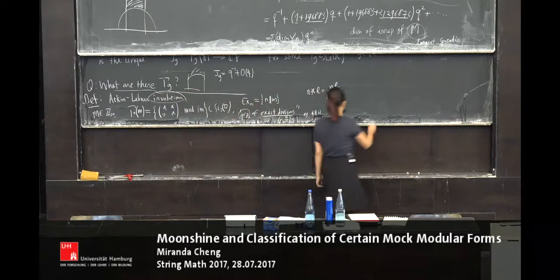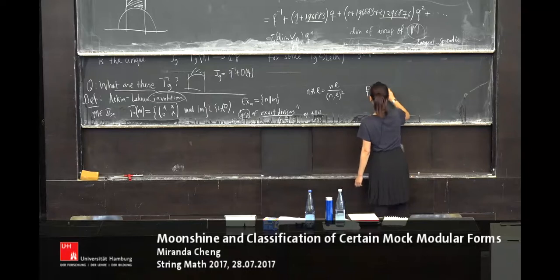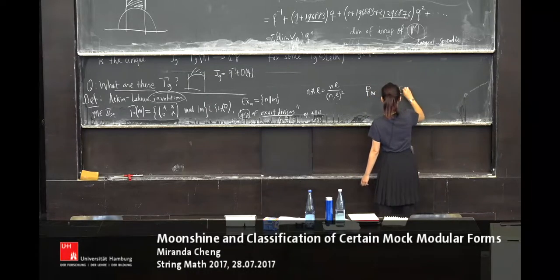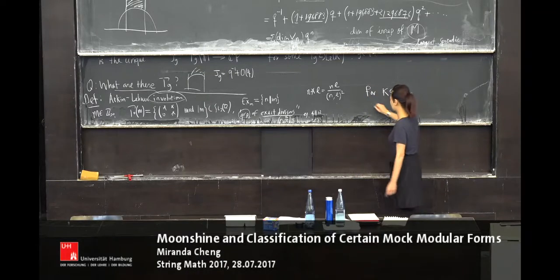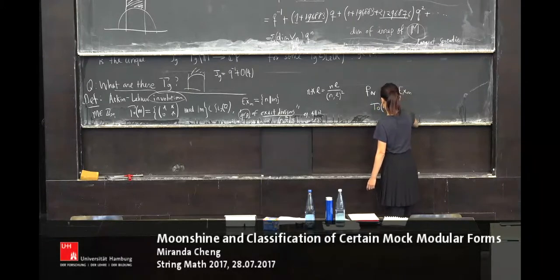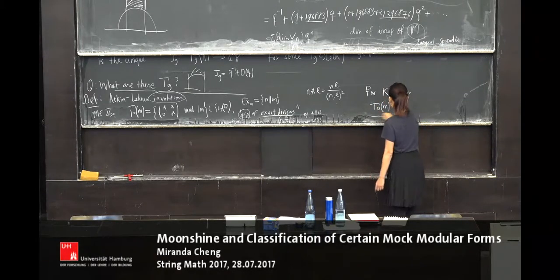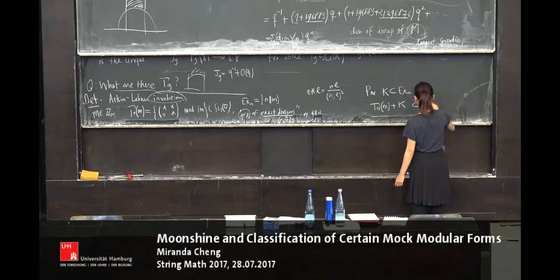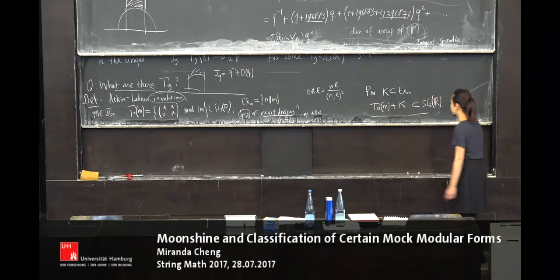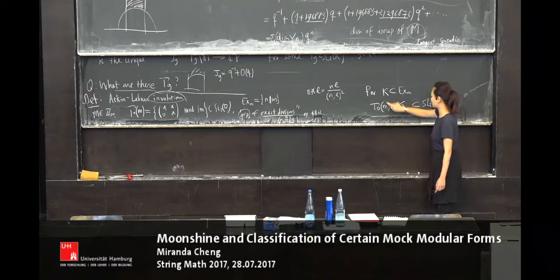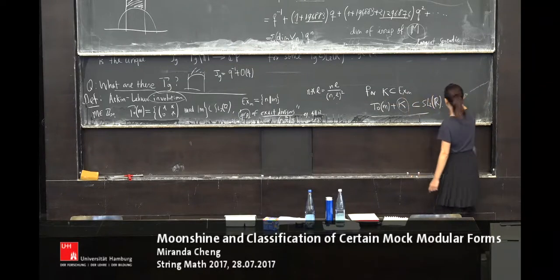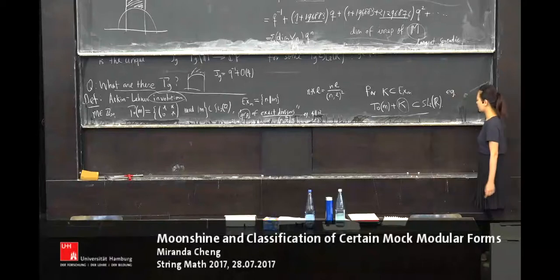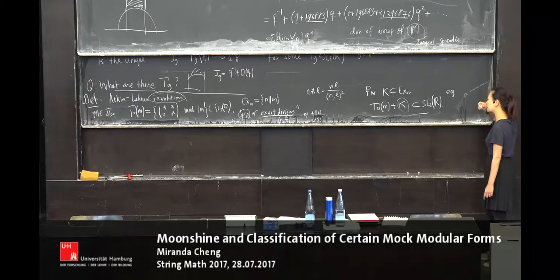So for a given K, which is a subgroup of exact divisors, we can define such a group in SL2(R). I'm not going to give you the exact definition, but for each exact divisor, we attach some actual elements to the group.